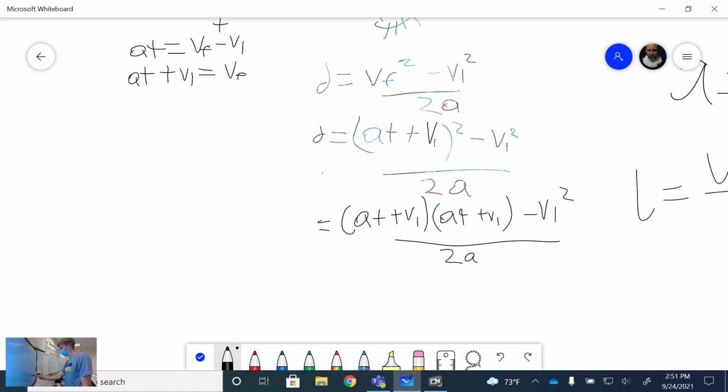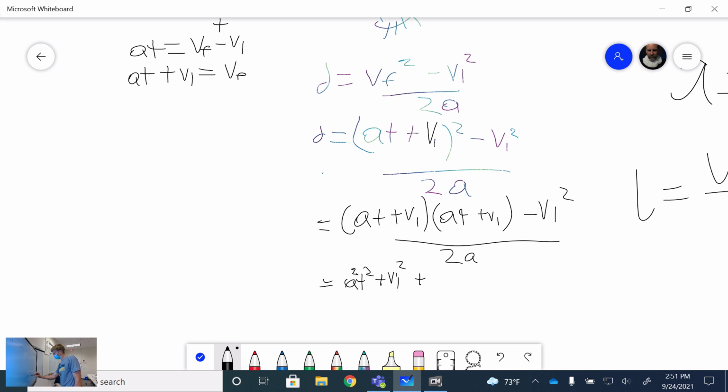That should be at squared. The a is also squared, so a squared t squared, plus Vi squared. Now the middle term.